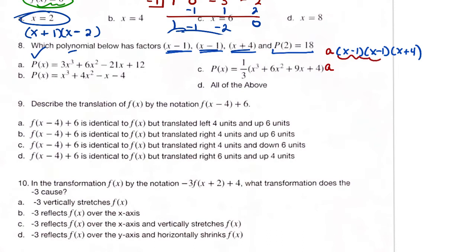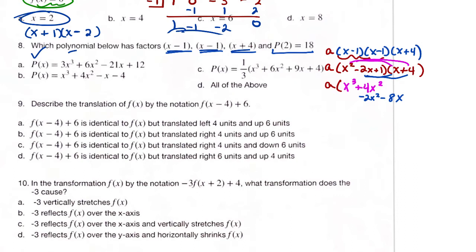So if you're multiplying these, multiply those together first. That's x squared, and it'll come out to -2x plus 1. Then distribute the x squared, giving you x cubed plus 4x squared. Distribute the -2x, giving you -2x squared minus 8x.